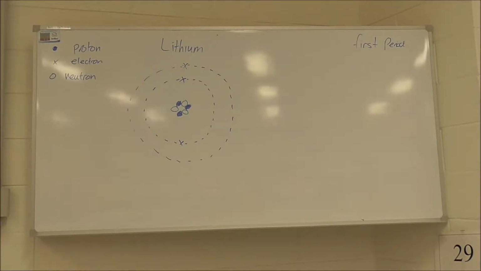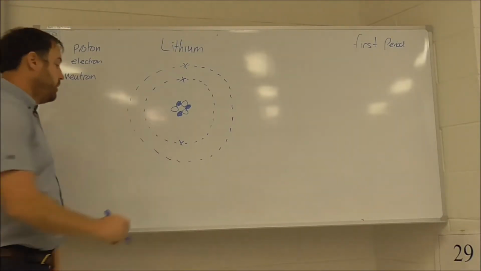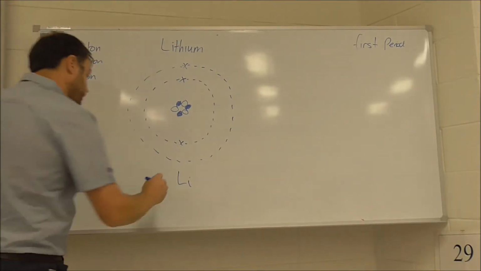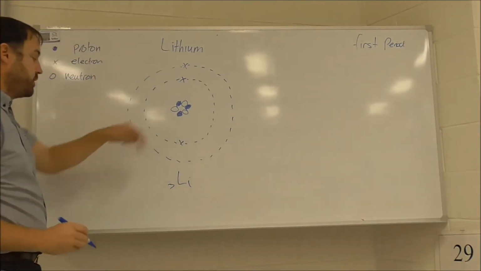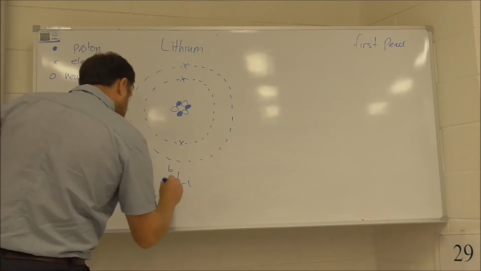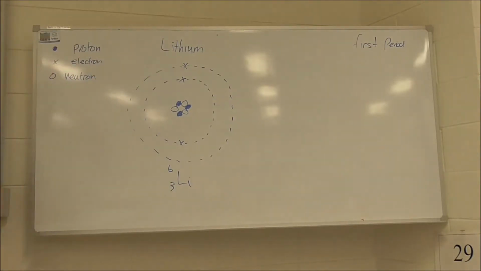So now we've got lithium, which has a symbol Li, atomic number of 3, and this one has an atomic mass of 6. We've got 3 protons, and add to that 3 neutrons gives us 6 nucleons.